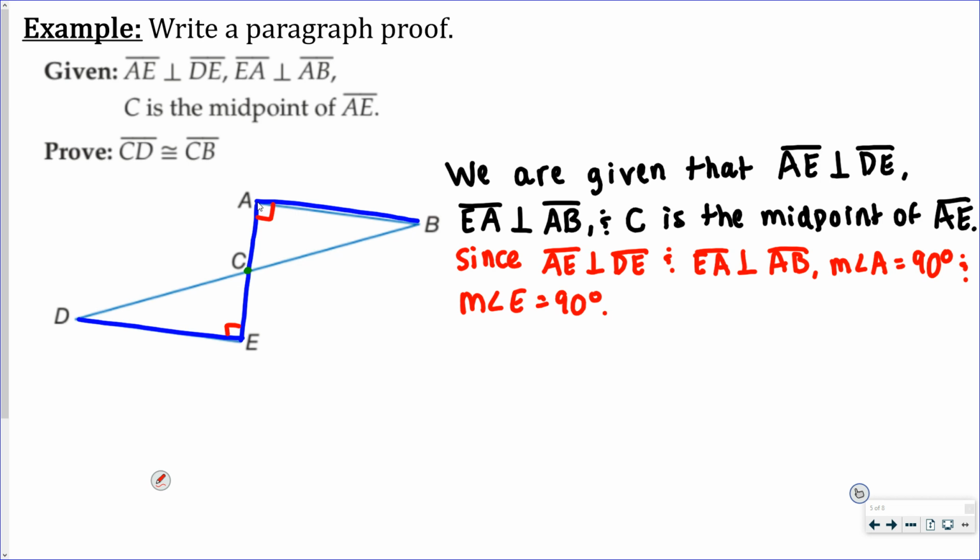We do need to state that. I know it was marked in the triangle for us, but technically that wasn't part of the given statement.